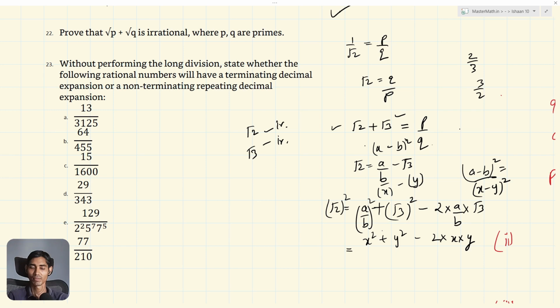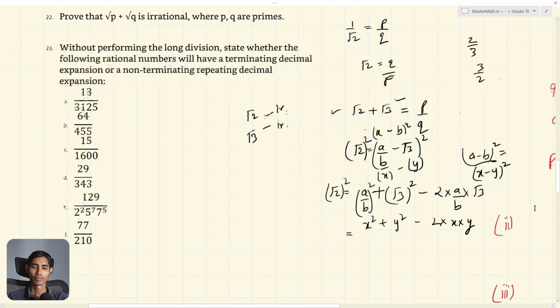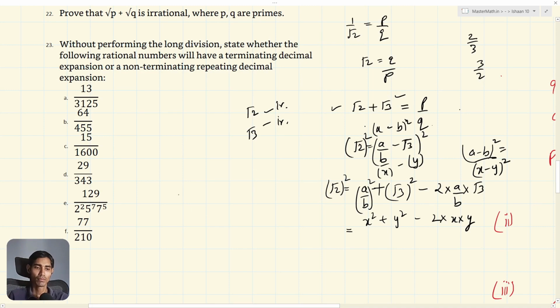We squared both sides. How did we get this? We squared a by b minus root 3 whole square.